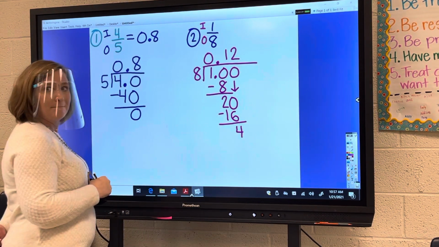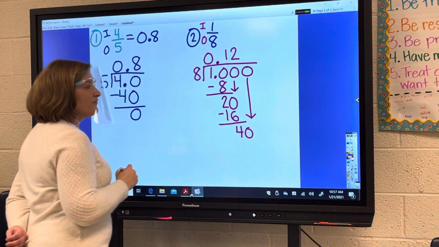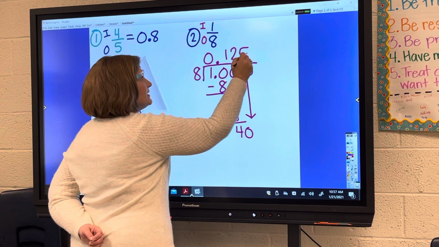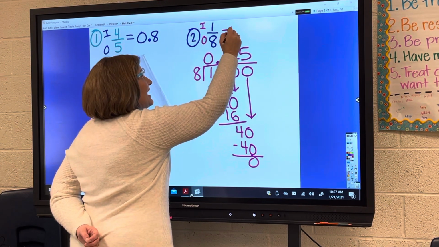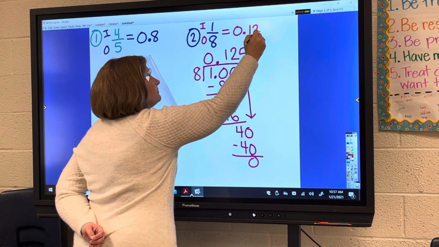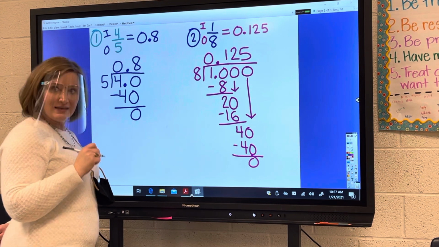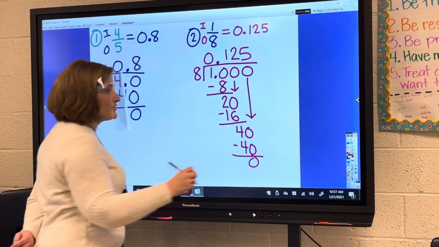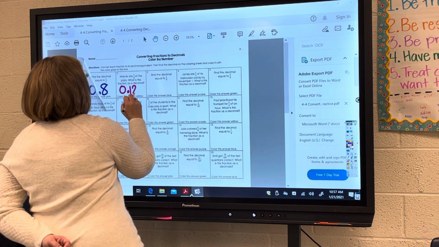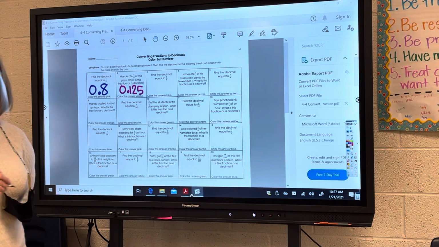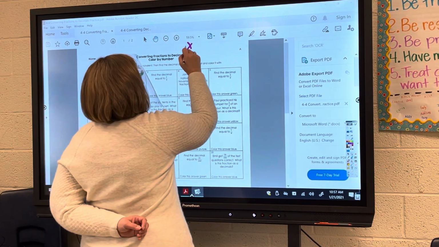Can I stop? No. How many times will 8 go into 40? 5. 5 times 8 is 40. So, 1/8 equals what? 0.125, 125 thousandths. That is correct. Is that an answer choice on the back? Yep. Yes. All right. I'm going to write this up here.